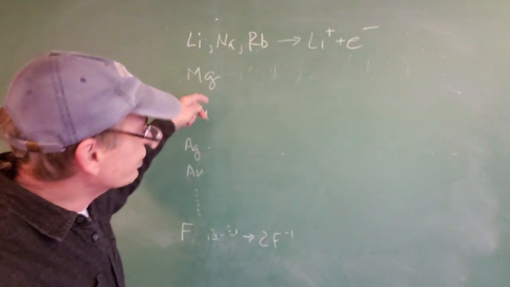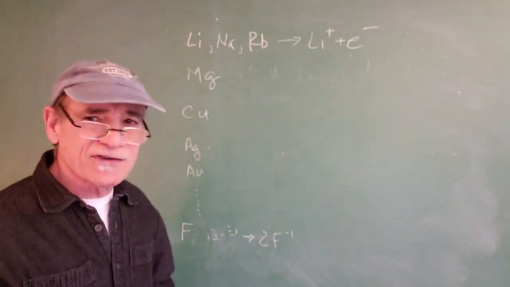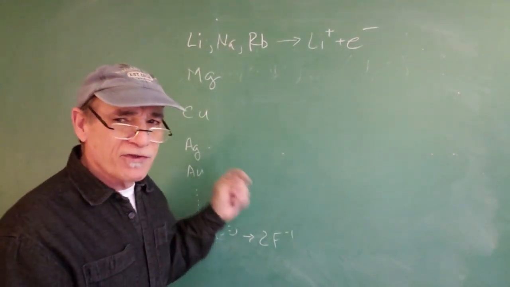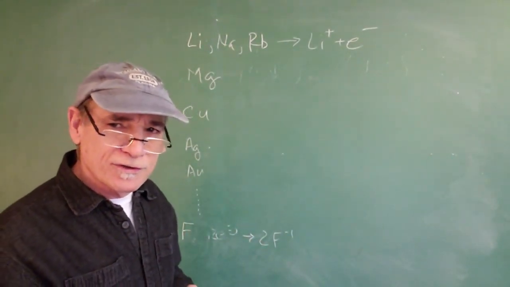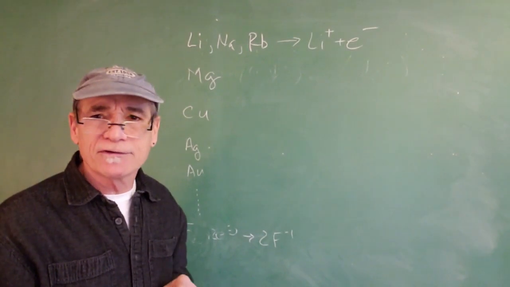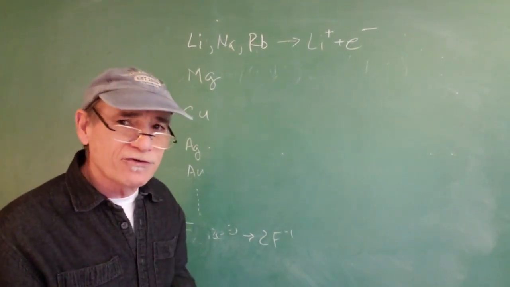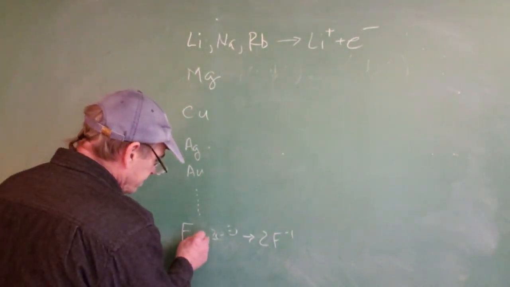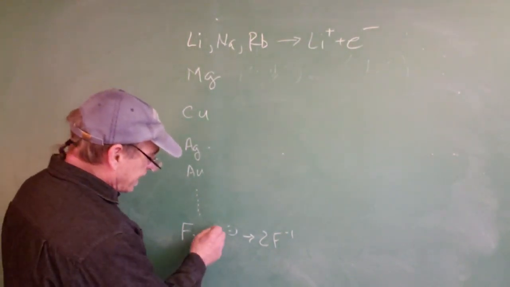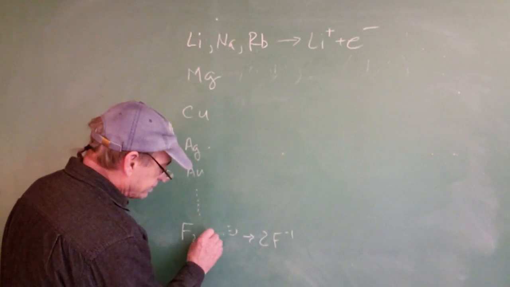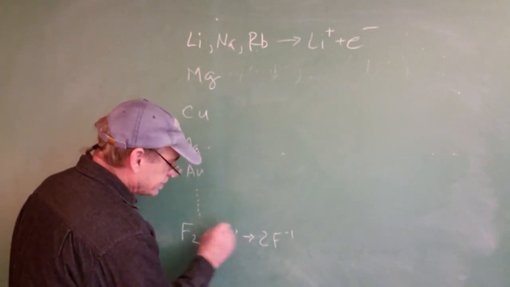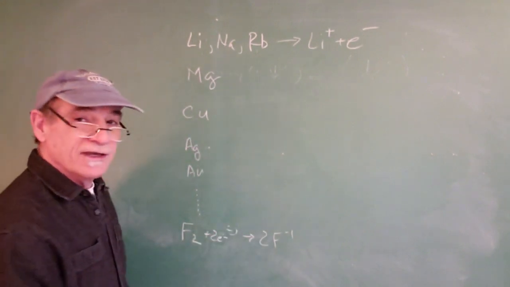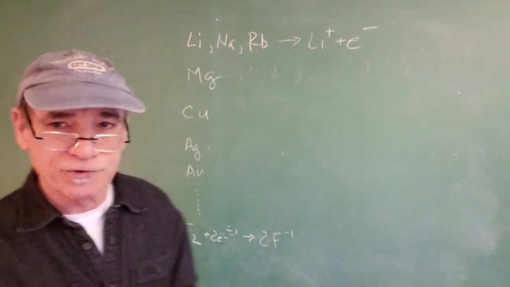Magnesium's kind of high on this list of who likes to get oxidized. But who would be down at the bottom, who would like to get reduced? That would probably be the nonmetals, and the top dog in the nonmetals is fluorine. It's the most electronegative. So sure enough, fluorine, F2, would love to gain 2 electrons to become 2 fluorides. It has a huge reduction potential.